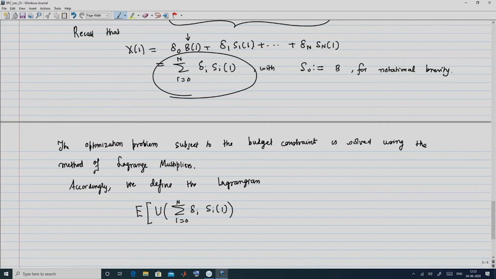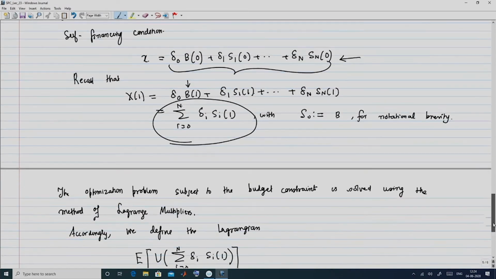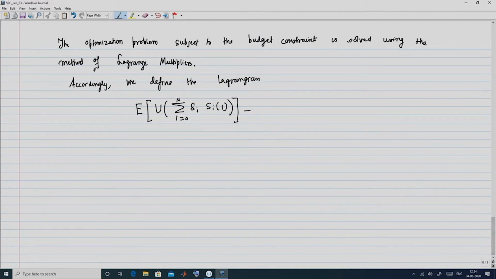So, this is the utility of the final wealth level, and you want to maximize the expected utility, and this is subject to your self financing constraint. So, this is minus lambda into summation delta I, I equal to 0 to n, of S I of 0 minus x. And so, I define this to be my Lagrangian L.